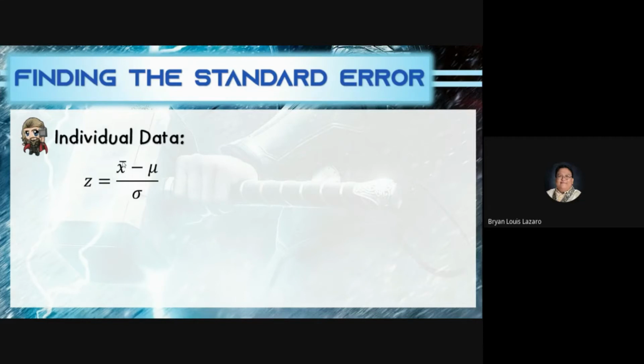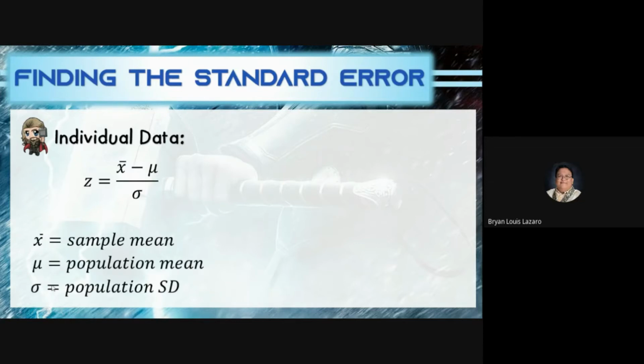Okay? Ang napalitan lang po ay yung symbol na ito. Bakit? Kasi yung score po natin ay sample mean na po. Okay po? Sample mean na po ang gagamitin natin. Kaya ayan, sample mean. This one is population. And the other one is population standard deviation.